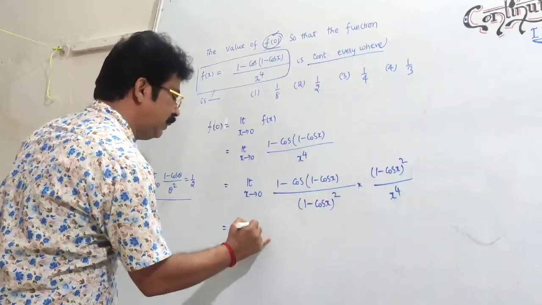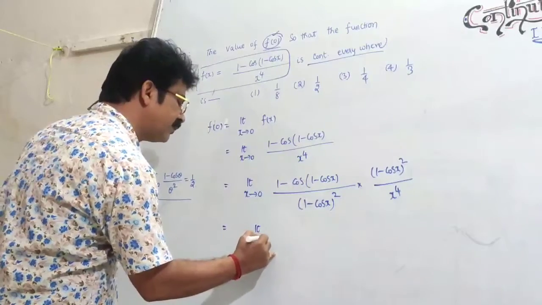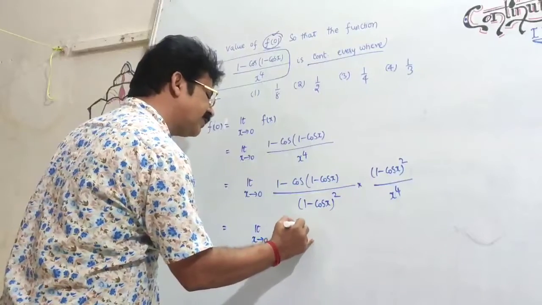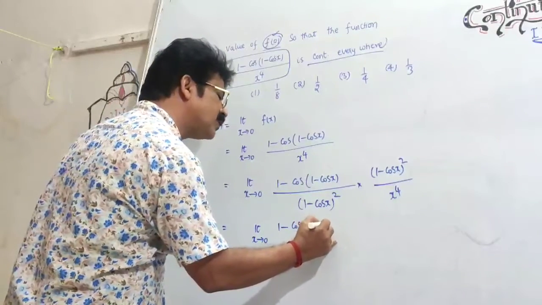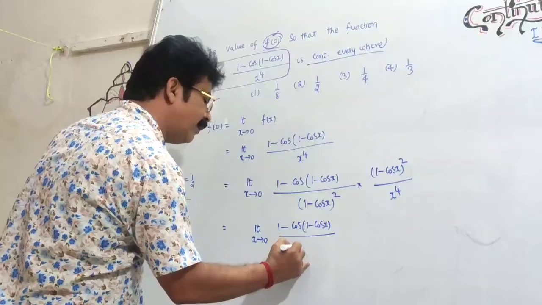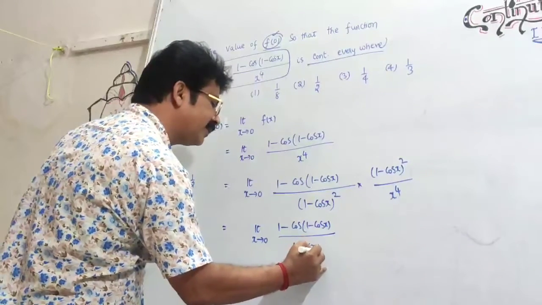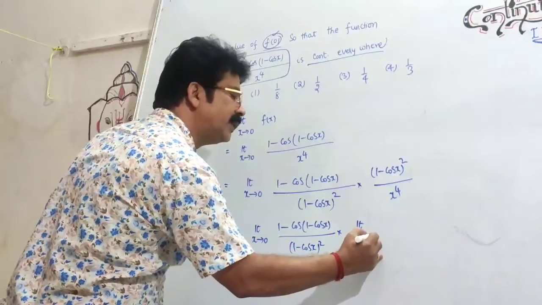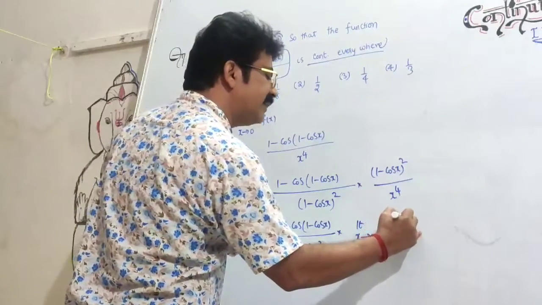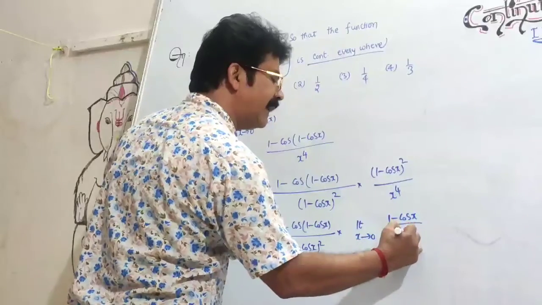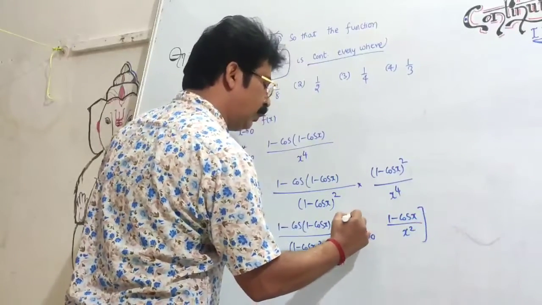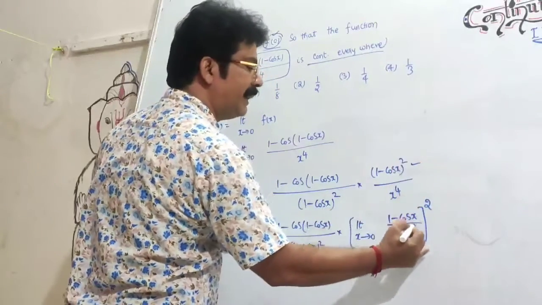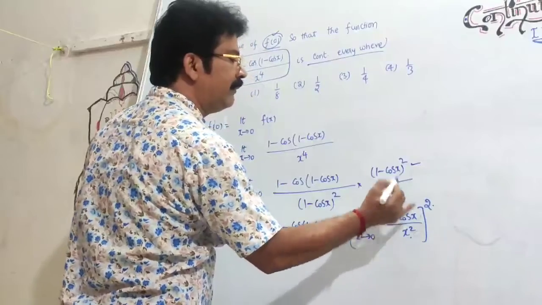So that is equal to limit x tends to 0, 1 minus cos of (1 minus cos x) divided by (1 minus cos x) whole square, into limit x tends to 0, which can be written as (1 minus cos x divided by x square) whole square. (1 minus cos x) whole square, okay, verified. X square whole square, okay, verified.